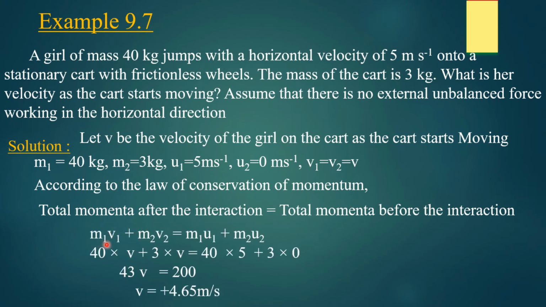So m1v1 plus m2v2 equal to m1u1 plus m2u2. 40v plus 3v is equal to 40 into 5 plus 3 into 0. Comes out to be 43v equal to 200. So v is equal to 200 upon 43, which is 4.65 meter per second.